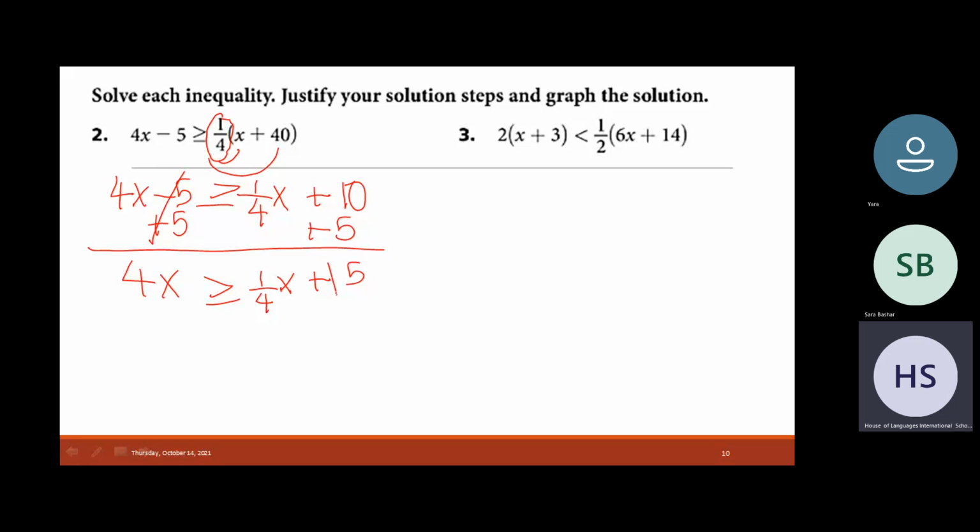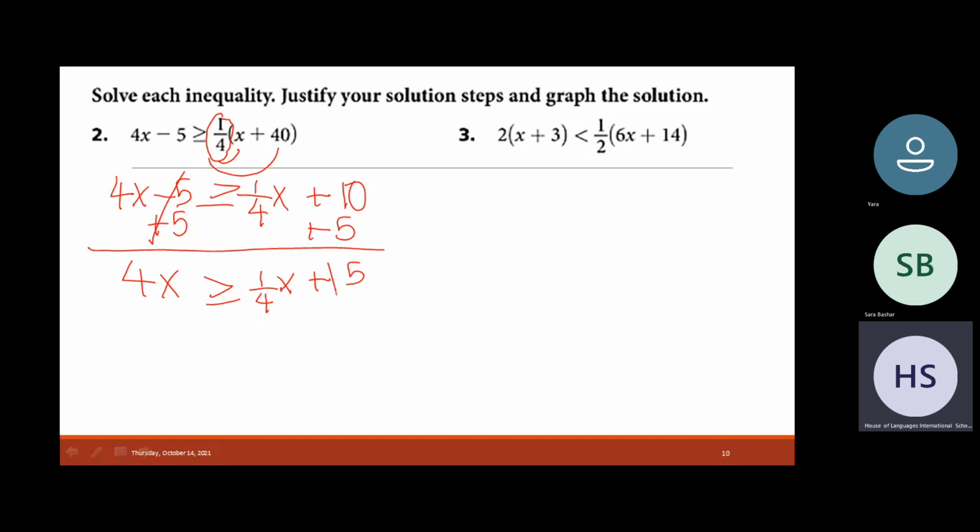Here, what do we have? We have variable x. I have to move it to her sister. Here, what do we have? 1 over 4 times x. She cannot stay here. She wants to go to her sister. How can I do this? What is the sign of 1 over 4?